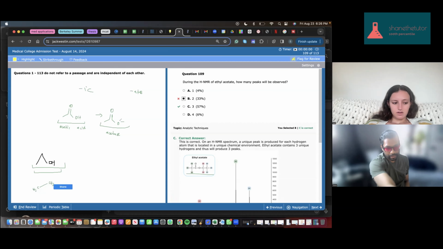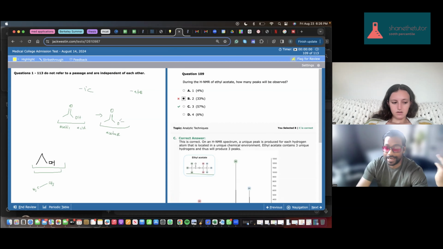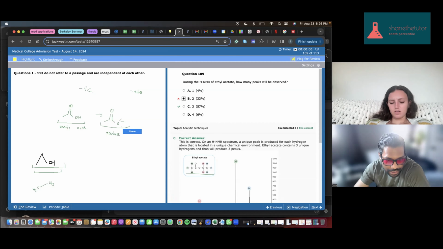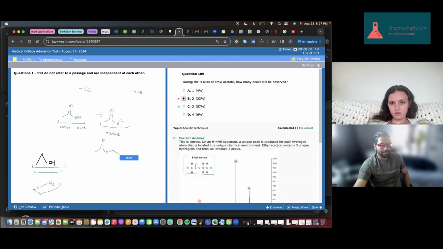Oh yeah, ethane is what I drew, but now if we add that to the acetate molecule, it would be considered an ethyl group. So now let's add the ethyl to it. So then that would be like that. So we have our acetate part here and the ethyl CH3 part here.